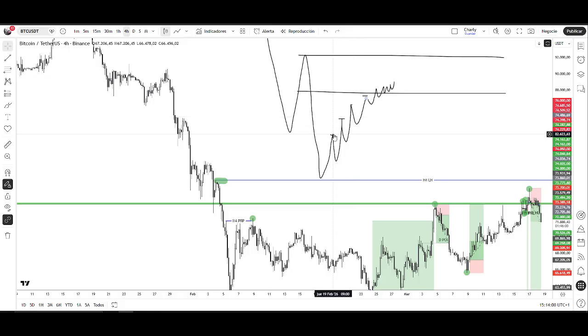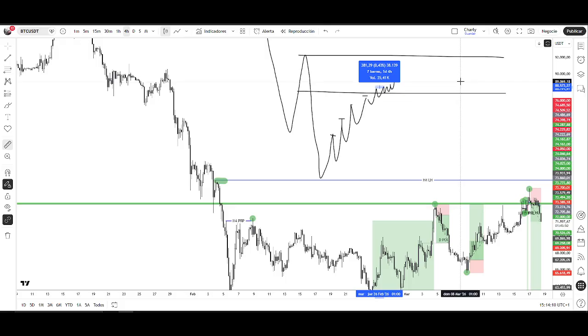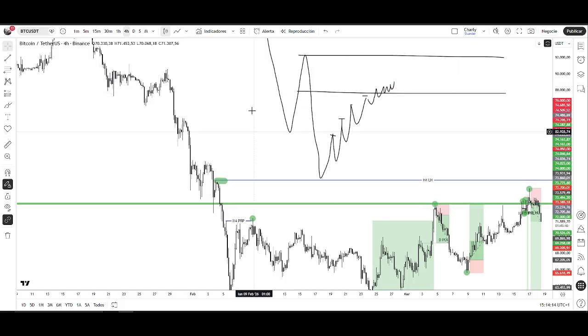The pips in between this high and this high is, for example, 2000. The distance between this high and this high is 380. Do you see the difference? This is what we call a compression of the price action.